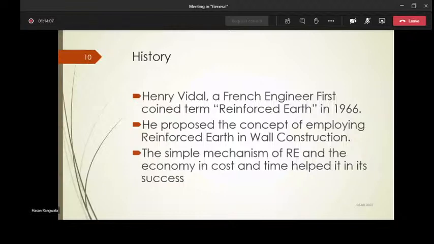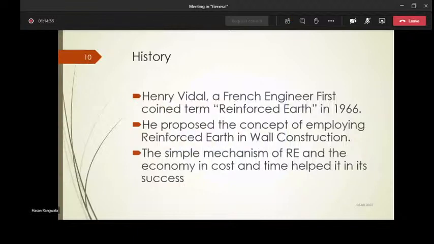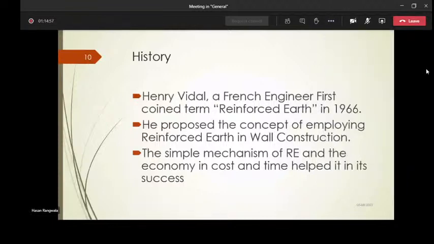Okay, one of the French engineers, Henri Vidal, termed this particular thing as reinforced earth, and he employed the simple concept of synthetic fiber along with the reinforcement, and he got a reinforced soil system in a mechanical way in a RE wall, that is called a reinforced earth wall, and it has been successful and economical because in those times quite a number of synthetic cloths were available, and that became an economical aspect also.